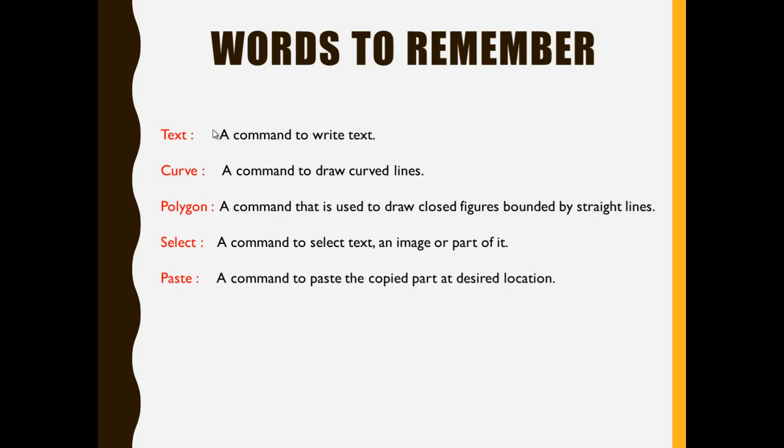Polygon, a command that is used to draw closed figure bounded by straight lines. Select tool is used to select text, an image or part of image. Paste. Paste is a command to paste a copied part at desired location.